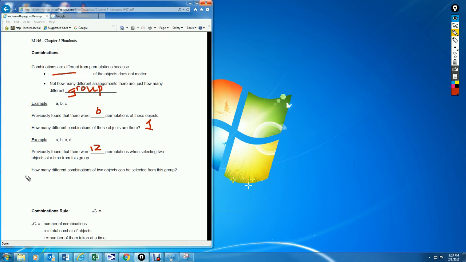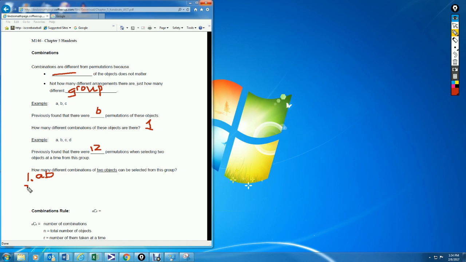Let's list them again. So let's start. So the first combination would be the letters A and B. Okay. And then last time, when we were listing the permutations, then we said B and A because that is a different ordering. But this time, we don't have to do that because I don't care about the order. I am only looking at the different groupings of the letters.